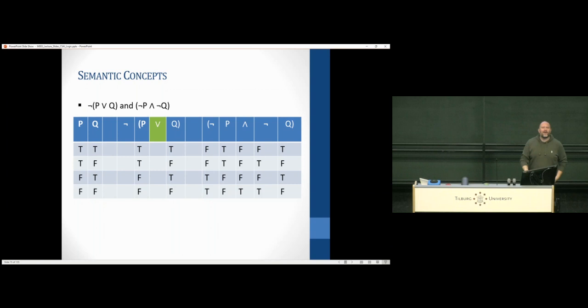And how do I fill out the column? Sorry, I'm being real slow because I'm trying to make sure we're all getting it. All true except for the last one, right? Because again, disjunction, easy to please. It just needs even one true to be true. Cool?